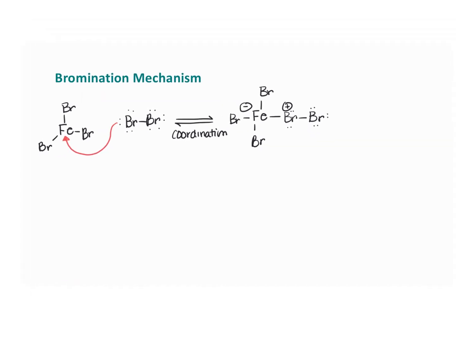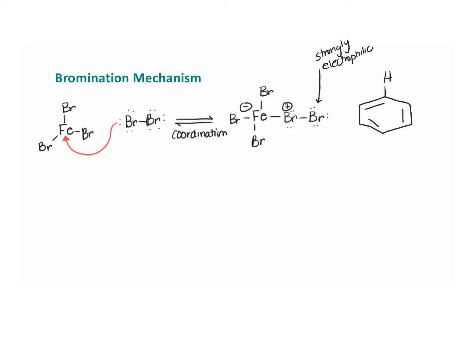6 electrons. Now, understand something. This is strongly electrophilic because we have that positive charge. So what happens here is that the benzene is going to come in. Now, I'm not going to show all the hydrogens, I'm just going to show one.